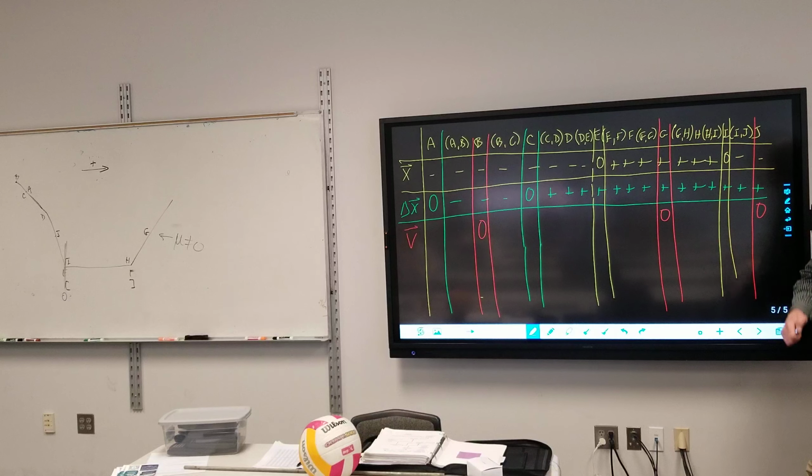Direction. Okay, direction does decide whether it's positive or negative, but how do you know when velocity is positive or negative?